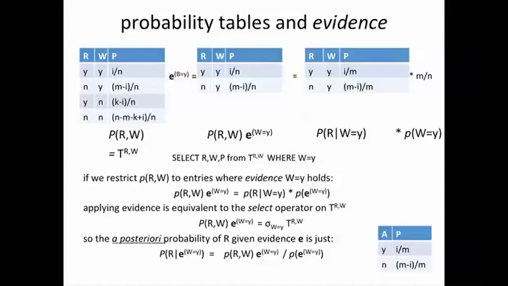So let's now take a look at what all this means for the case of classification or abductive reasoning, which is what we were interested in in the first place, which will bring us back to the language of classifiers and the naive Bayes classifier, but this time in terms of probability tables rather than individual probabilities.